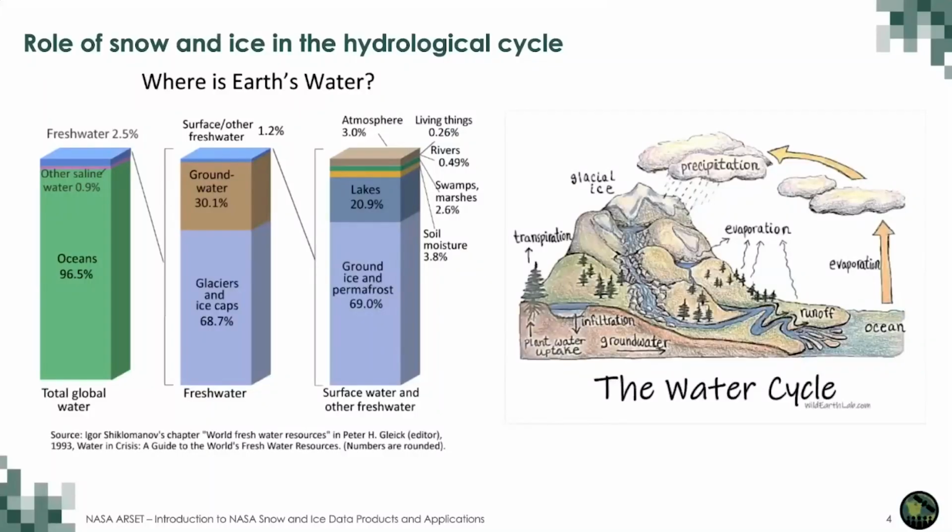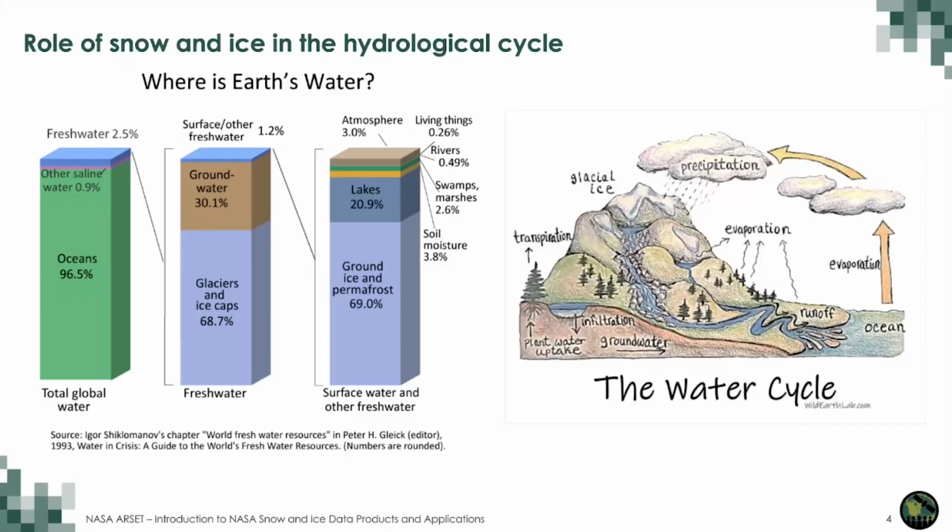So what I'm showing here on the screen are two diagrams. On the left is a partitioning of water resources on the globe, and on the right is a cartoon of the water cycle. And if you see in the left-hand diagram, as you would expect for a planet that is 70% ocean, only 2.5% of the Earth's water resources are actually fresh water.